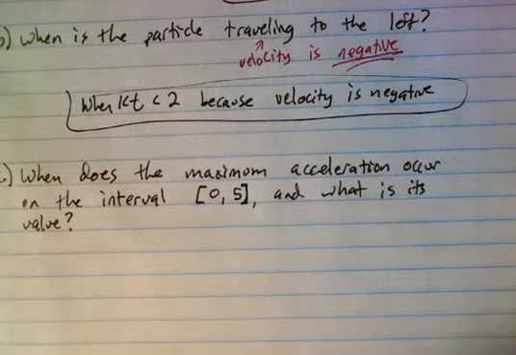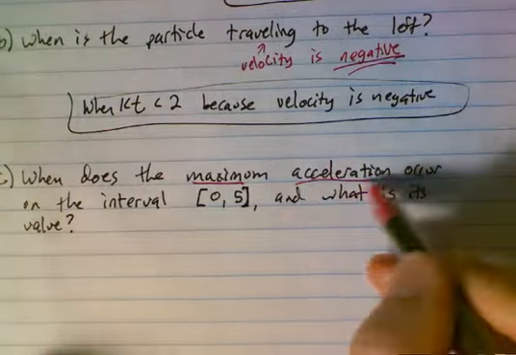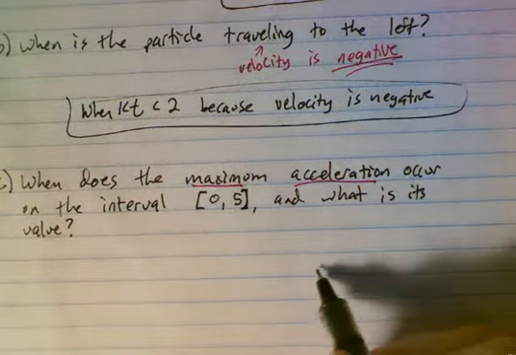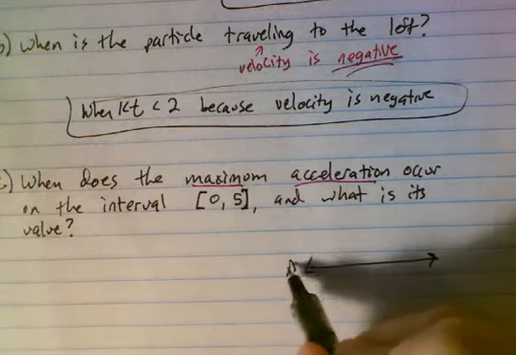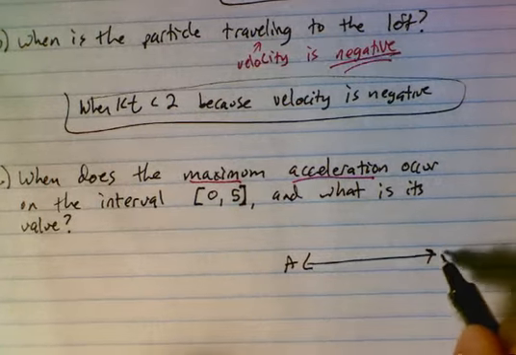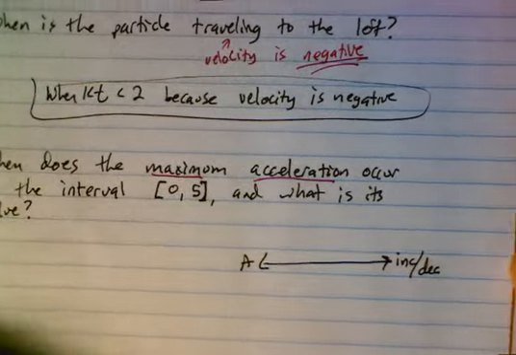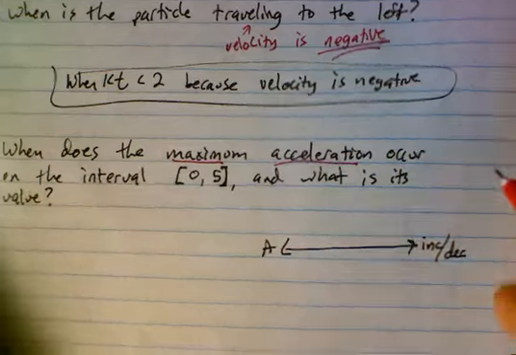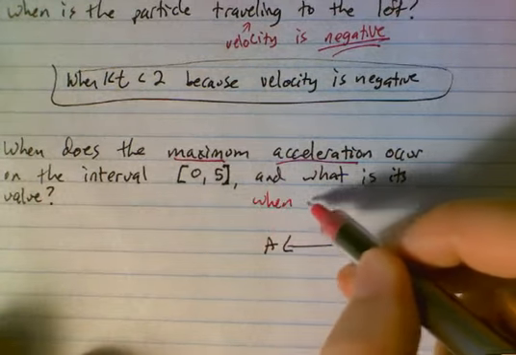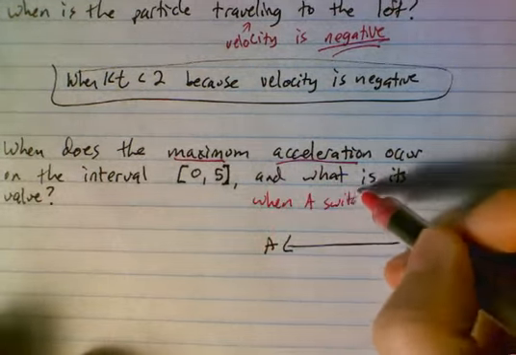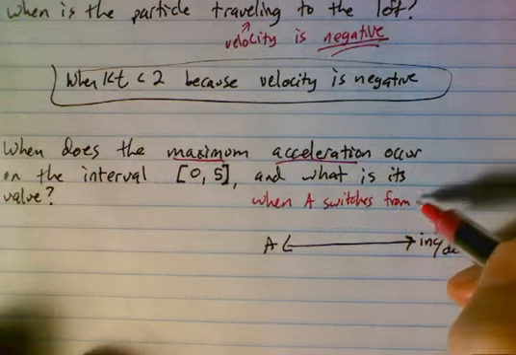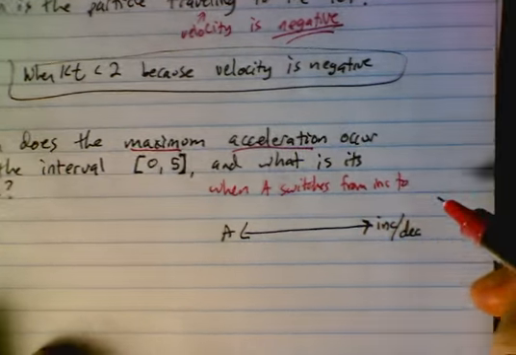Well, if I'm going to have maximum acceleration, that means that I'm going to need to have an acceleration, and maximum comes from increasing, decreasing, so I'm looking for when a switches from increasing to decreasing.